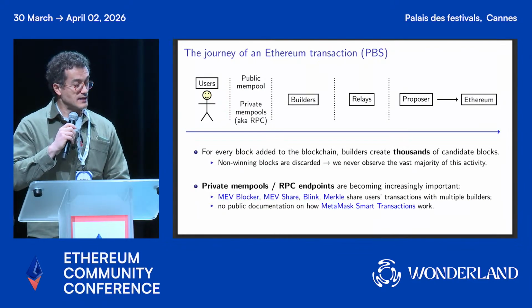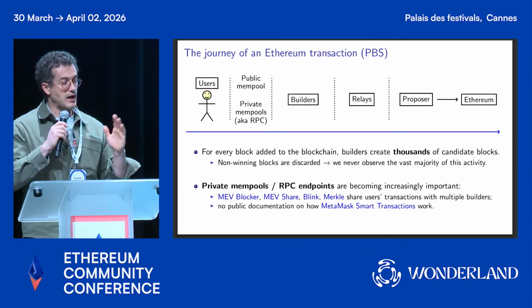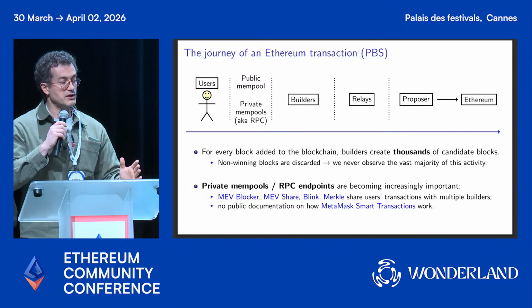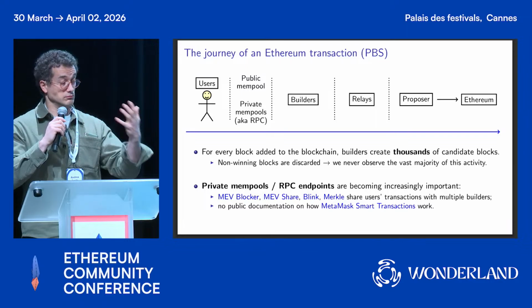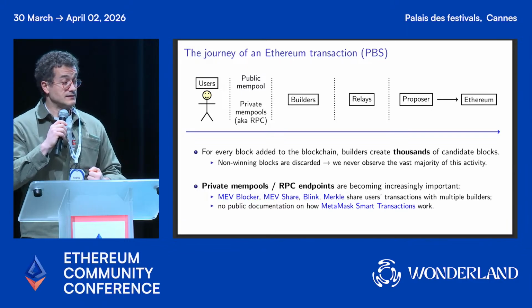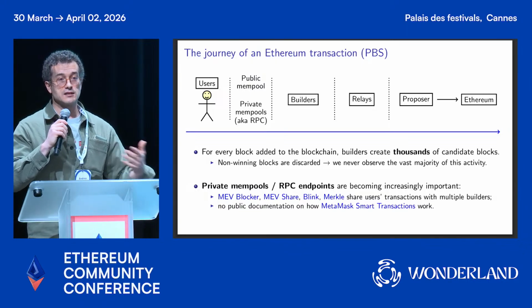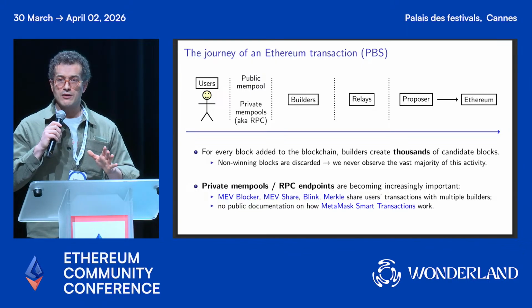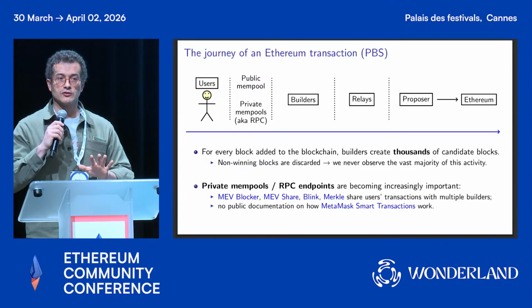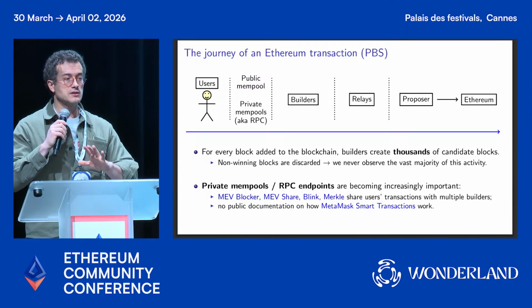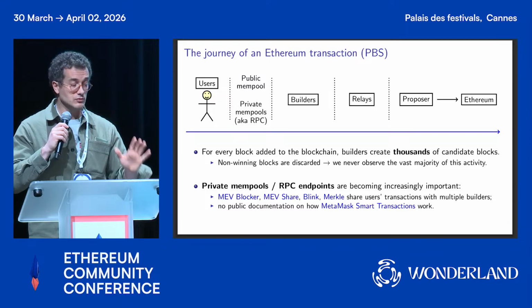And the second observation is that these private mempools, private RPC endpoints, are this type of intermediary that became increasingly important in the last couple of years. I think now they intermediate more than 50% of Ethereum transactions by count, and I think more than 90% by value.